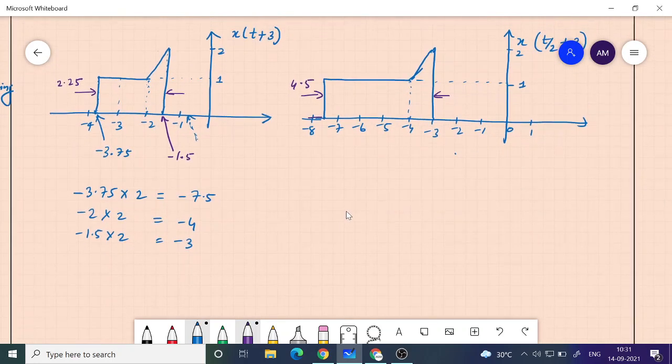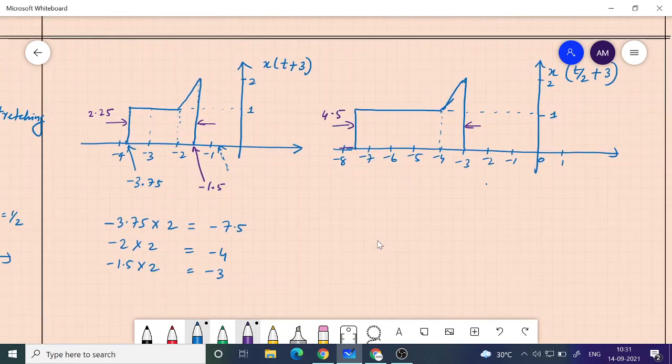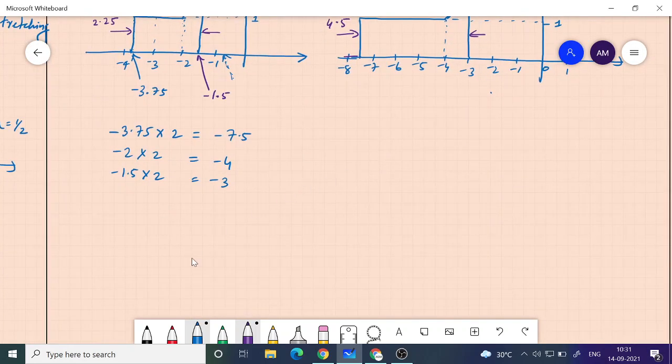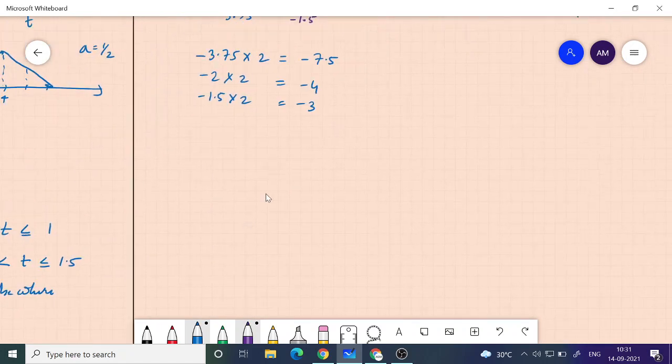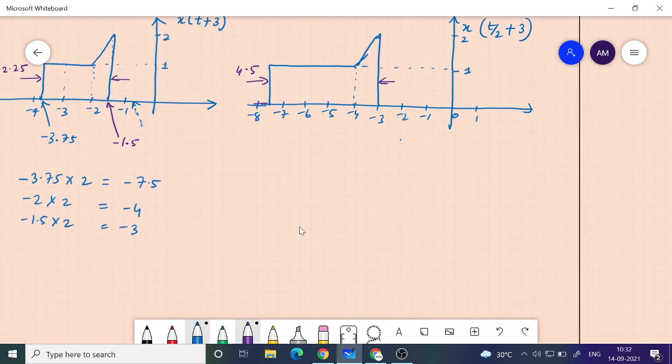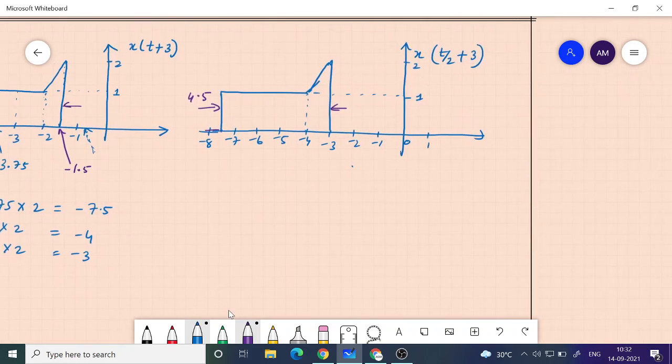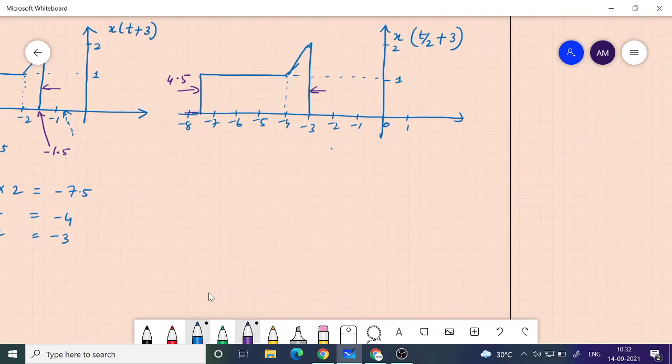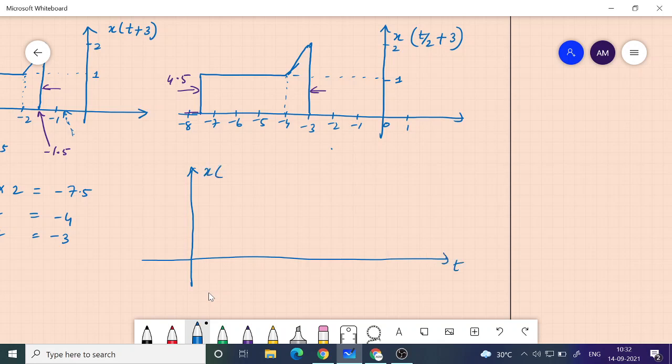Okay, then finally we have one more operation left, and that is basically taking this and inverting it, which is very simple. Whatever is on the left goes to the right, so that is easy to do. Draw it toward the right, because this is x of minus t by 2 plus 3.